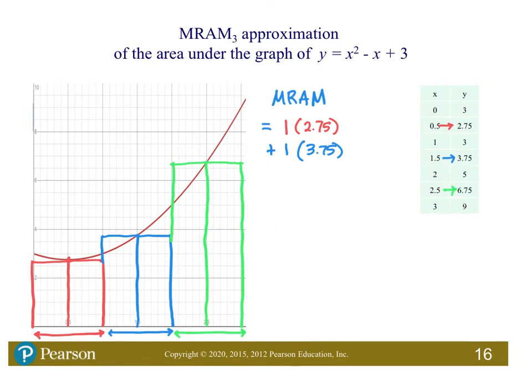So the third one plus a base of 1 and the height of 6.75. And so I only have 3 rectangles, but I'm going to have a better estimate than either the LRAM or the RRAM was. So we come up with a total of 13.25 square units as our best approximation so far of what the area under this curve is going to be.